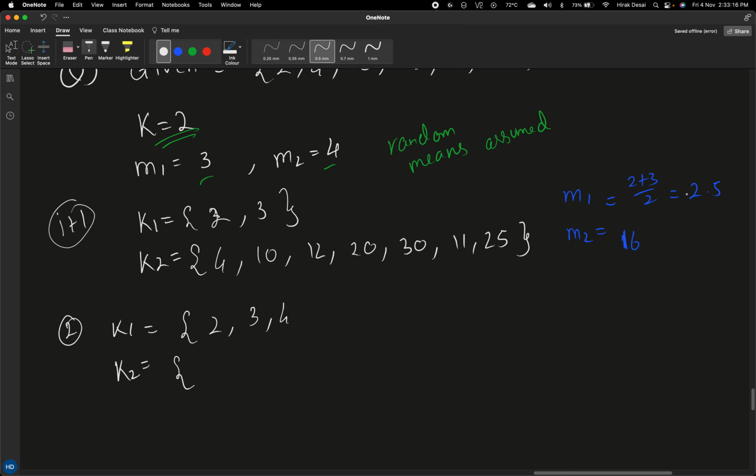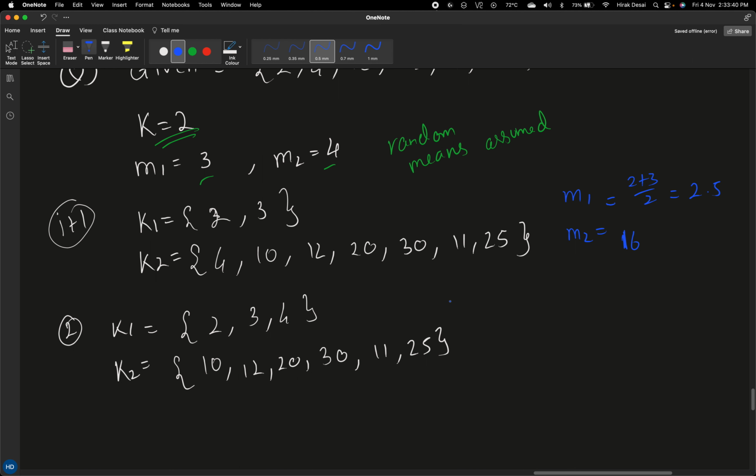Is 10 closer to 2.5, at 8.5, or to 16, at 6? So 10 becomes a part of cluster 2. If 10 is part of it, then obviously all of the trailing numbers are closer to 16, so those become a part of cluster 2. That is our two clusters formed.